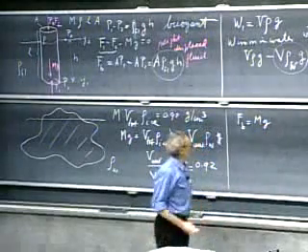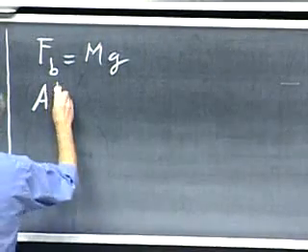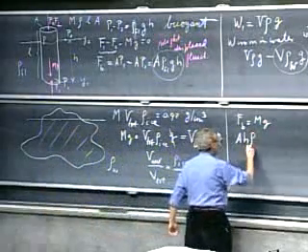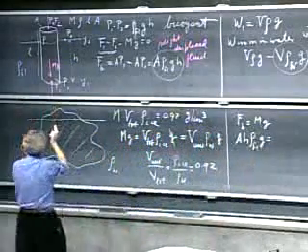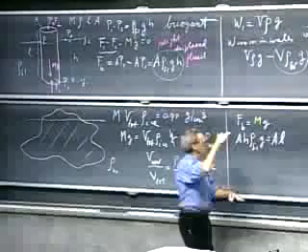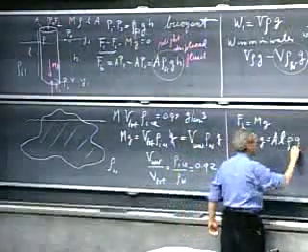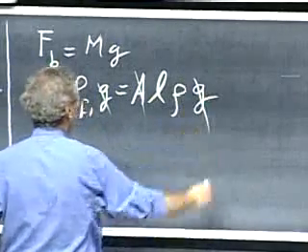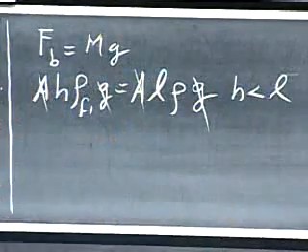And the buoyant force is the area times h, that's the volume underwater, multiplied by the density of the fluid, times g, must be the total volume of the cylinder, which is the area times L, because that was the length of the cylinder, times the density of the object itself, times g. I lose my A, I lose my g, but I know that H must be less than L, otherwise it wouldn't be floating, right?